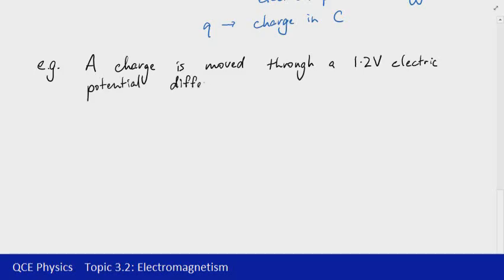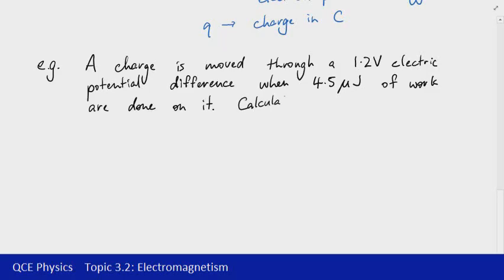And the other piece of information here is that a certain amount of energy is needed, and that's 4.5 microjoules of work are done on it. So hopefully you can see there that the question is going to be to calculate the quantity of charge.